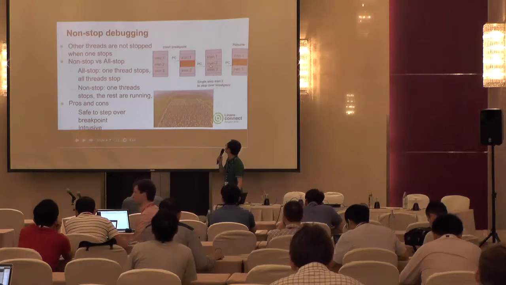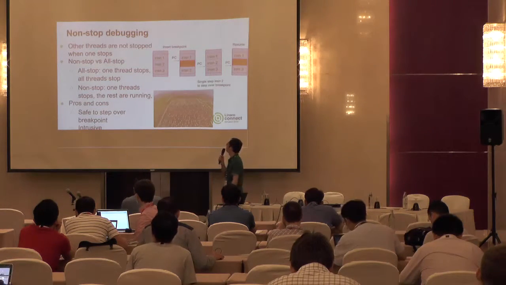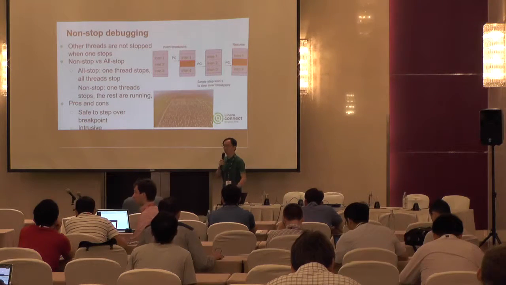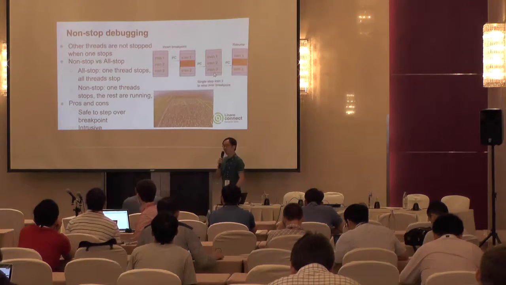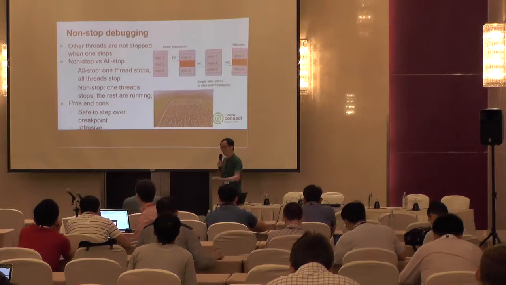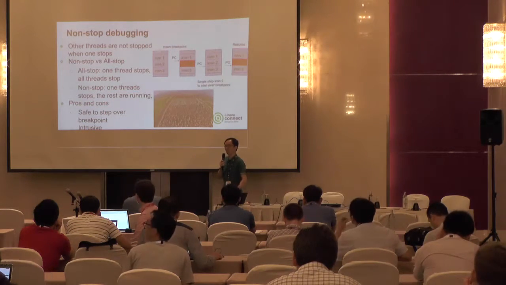So GDB has to remove the breakpoint, revert instruction 2 again, and single-step execute this instruction. And then write the breakpoint back again. So in this step, GDB has to stop all other threads to make sure at this moment no other thread is running. Otherwise, it is possible that other threads may go through this area but not hit this breakpoint. That is wrong, so GDB has to stop them.